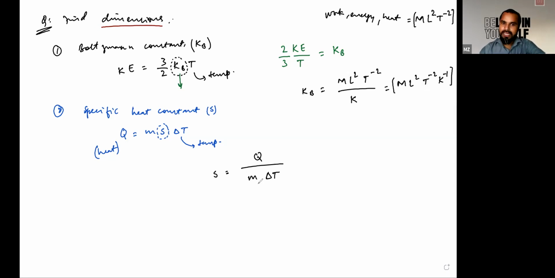M is mass, having dimension capital M, and delta T is temperature, having dimension capital K. Put them and rearrange. Rishan, send me your second answer.